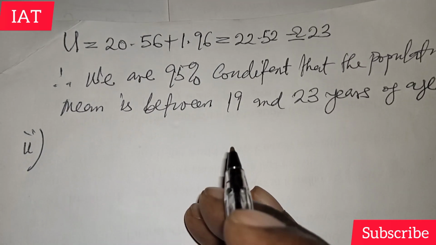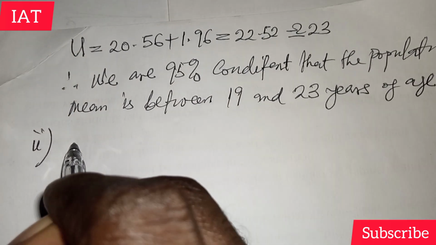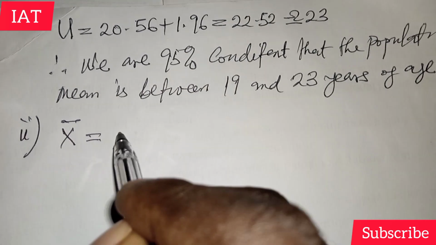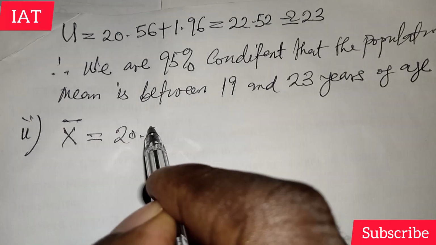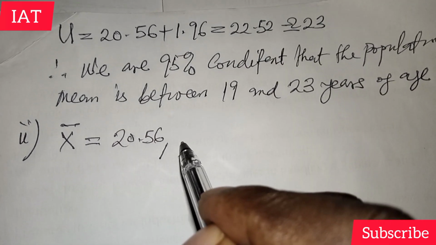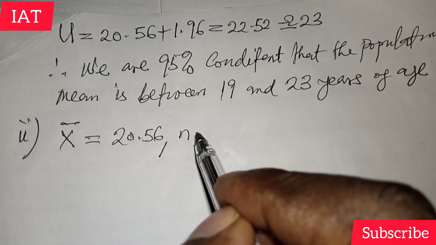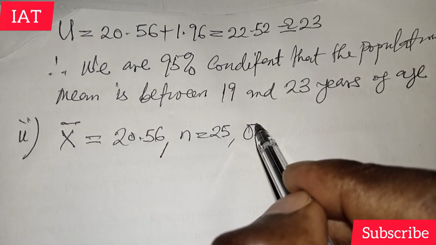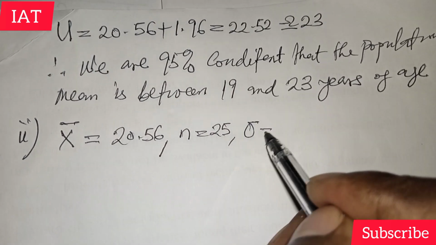How do we test for this? Before we do that, let's bring out the necessary parameters given. Remember that we have the mean to be 20.56. We also have the sample size to be 25. The population standard deviation is known to be 5.